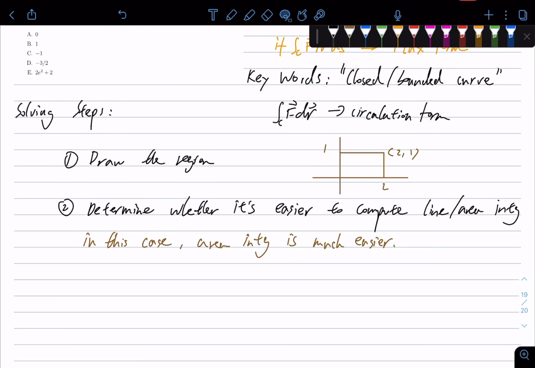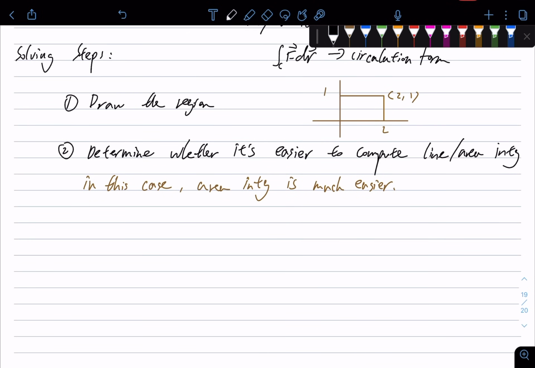The reason we are making this judgment call is because Green's theorem applies both ways. Sometimes it is much easier to compute the line integral compared to the area integral. Let's say the area looks really ugly, but the line is very clearly defined, or they already gave you the parameterization. That's when you should compute the line integral. But in this case, the area integral is much, much easier.